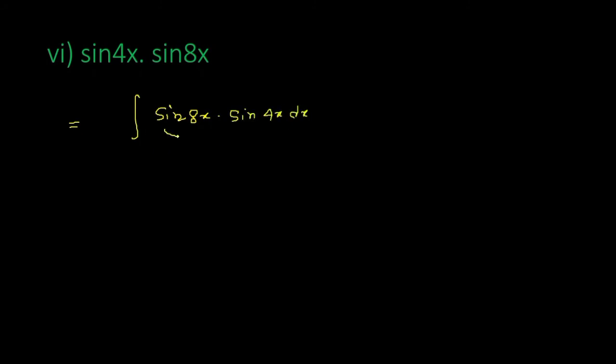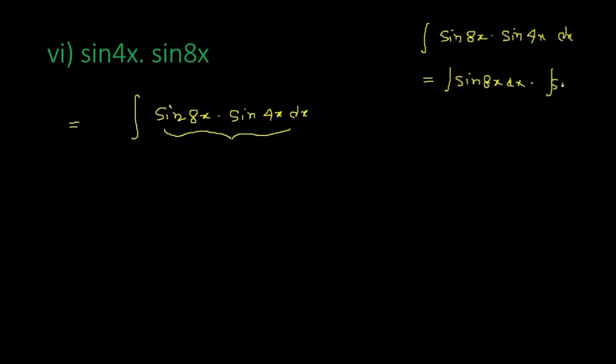Now to solve this we need to simplify it, because we don't know the integration of sin 8x into sin 4x. There is a slight misconception everyone has, that the integration of sin 8x into sin 4x dx is equivalent to the integration of sin 8x dx into the integration of sin 4x dx.